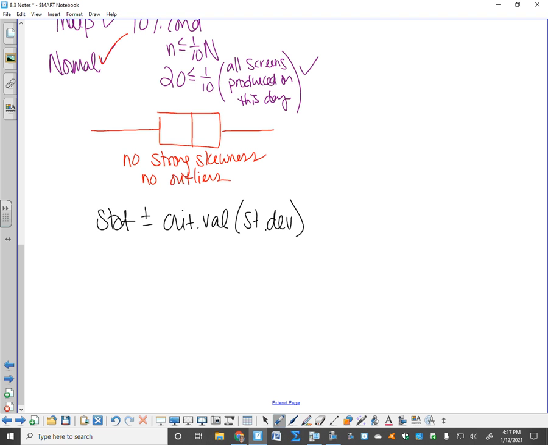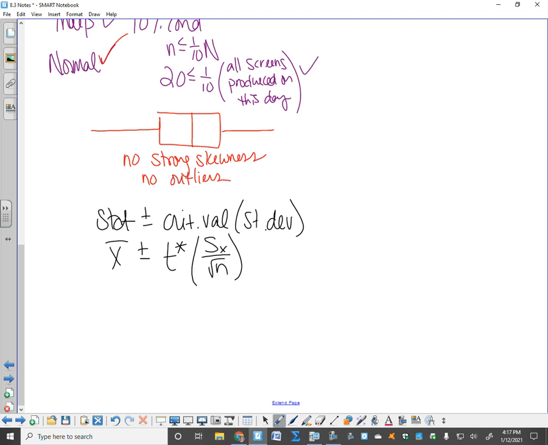Pause it and try to put your letters in here. No numbers, just letters. See if you get it right. So my statistic is x bar. Because I'm an x bar, my critical value is t star. And my standard deviation is normally sigma over the square root of n. But because I don't have sigma, I'm going s sub x over the square root of n.